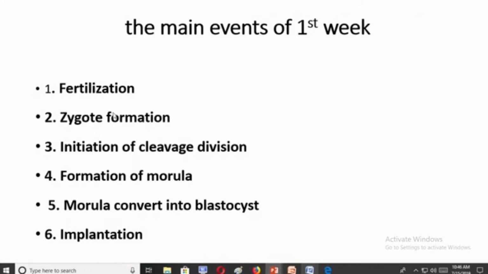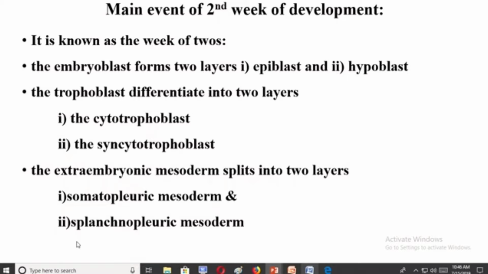So the main events of the first week: fertilization, zygote formation, initiation of cleavage, formation of the morula, the morula converted into the blastocyst, and blastocyst implantation. The main events occurred in the second week of development. It is also known as the week of 2 because the embryoblast is converted into 2 layers, epiblast and hypoblast.